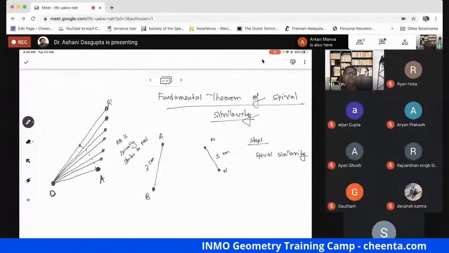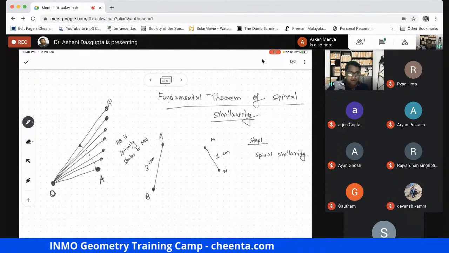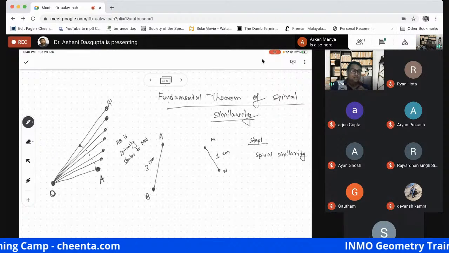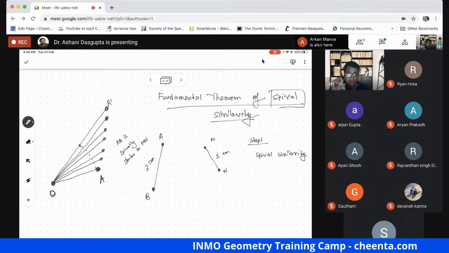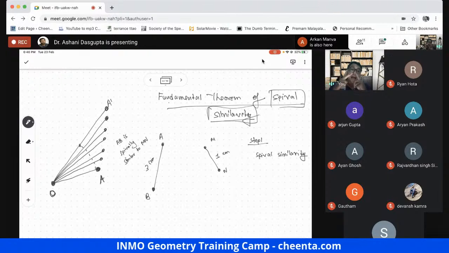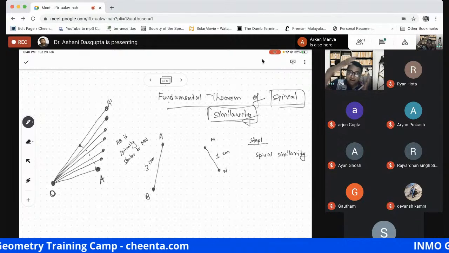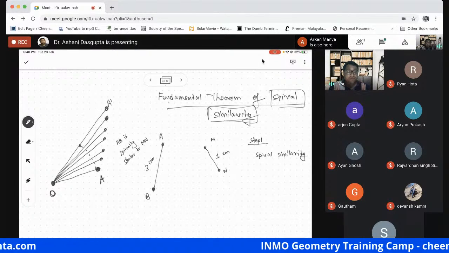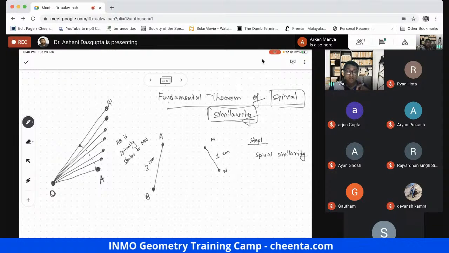So, all of you, I'm giving you a little bit of time, a couple of minutes, to find a center of rotation that works. Remember, when I say spiral similarity, I mean rotation and homothety, the rotation and shrinking or expanding, whatever. So, the rotation part, let's take care of that first. Find the center of rotation that could work.